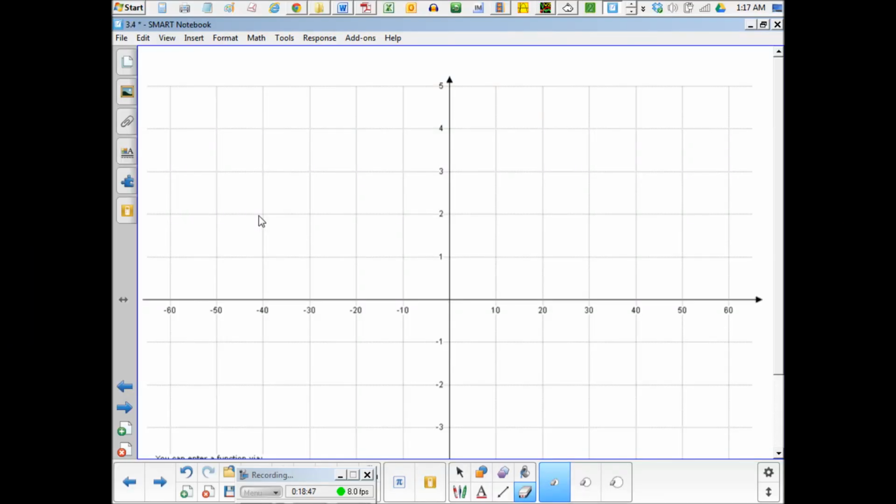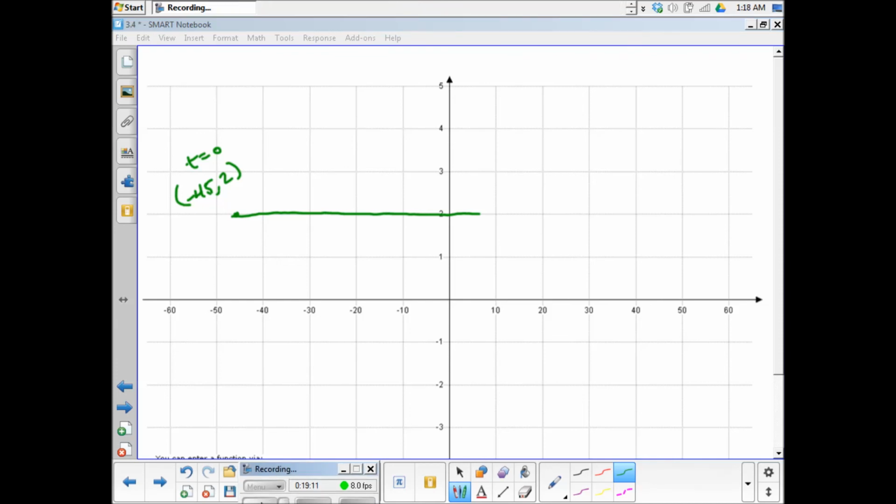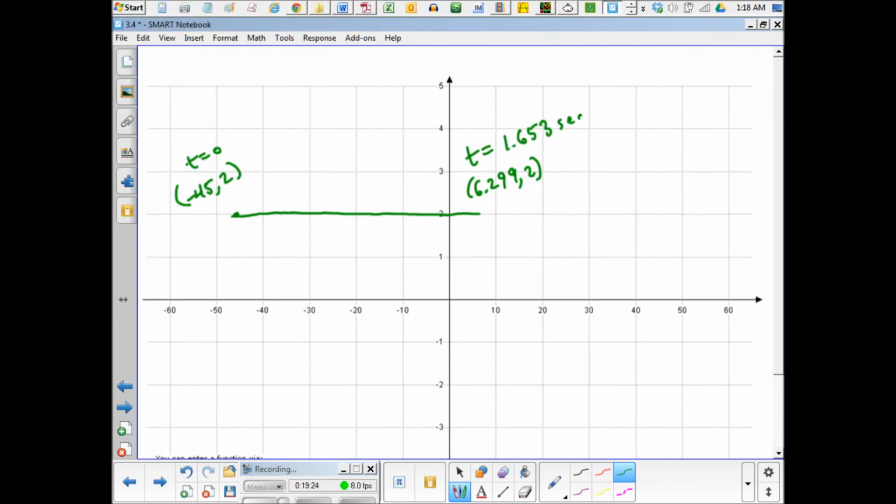Let's look at our motion one more time. We had started, remember, at negative 45, 2 at t equals 0. The object moved to the right, to the point 6.299, 2. That happened at t equals 1.653 seconds.